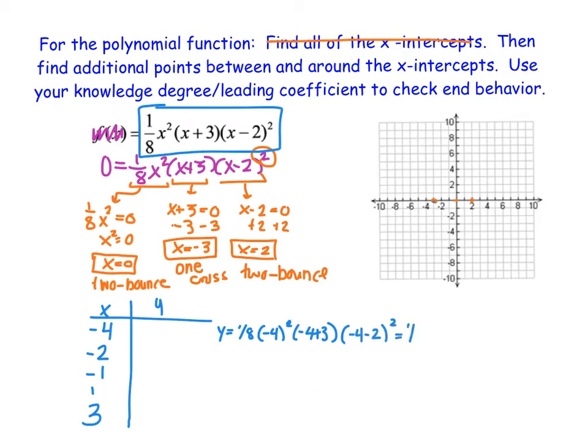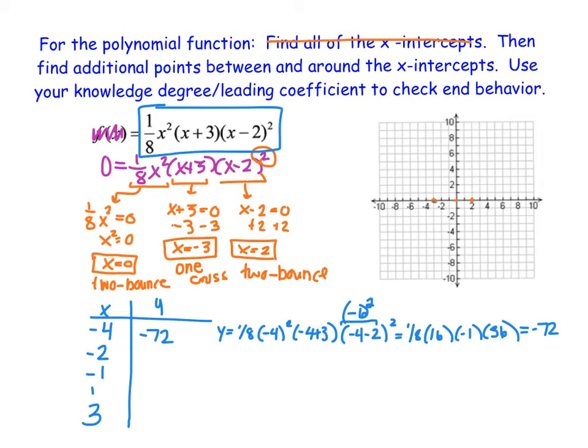So that becomes 1/8 times -4 squared is 16. -4 plus 3 is -1. -4 minus 2 more gives me a -6, and that's going to be squared. So that's going to be 36. Now if I multiply all of those together, I end up with a value of -72. So I can see that this graph is shooting down pretty quickly after x is -3.